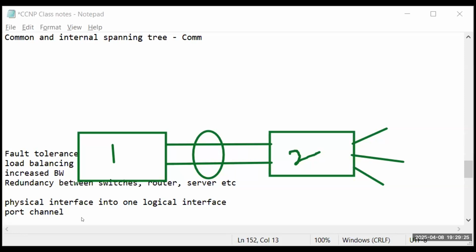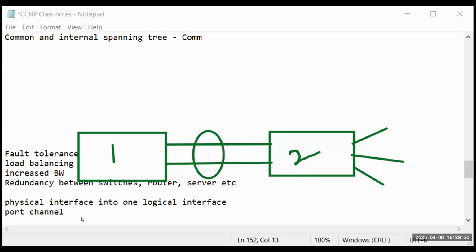So load balancing takes place between the links as a part of the Ether channel. If all the links are active, the load from switch 2 to switch 1 is equally distributed on all the physical links. So Ether channel creates an aggregation, as seen in the diagram, as one logical link.